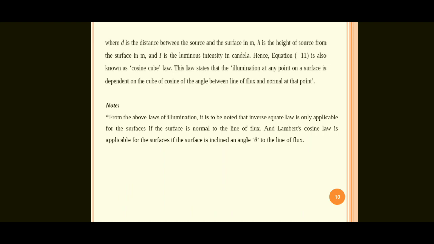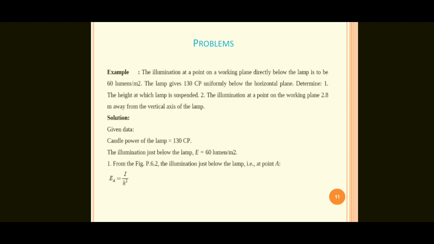Now, a small problem. A simple problem. The illumination at a point on a working plane directly below the lamp is to be 60 lumens per meter square.